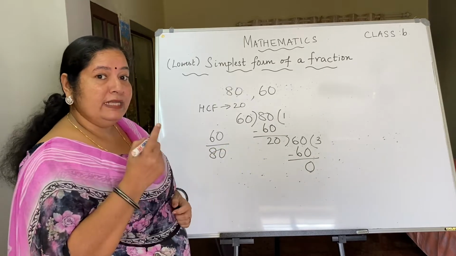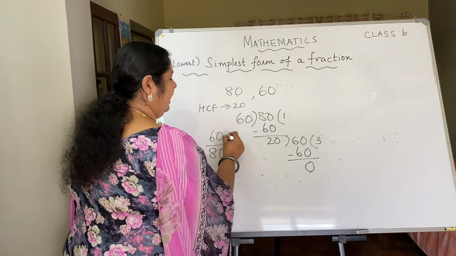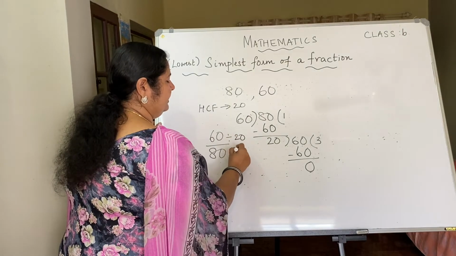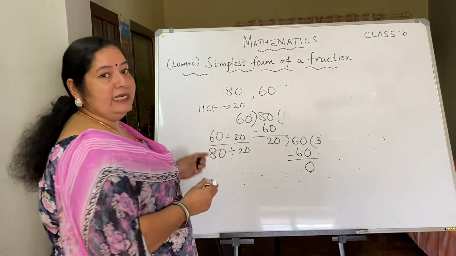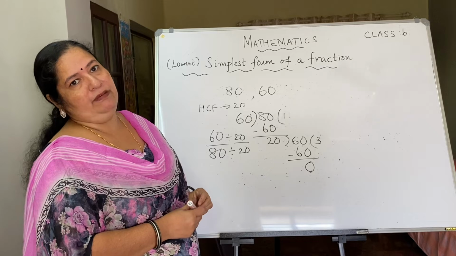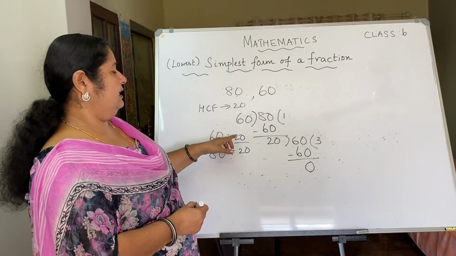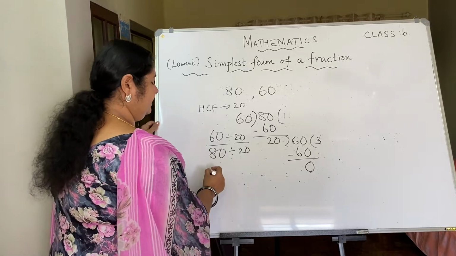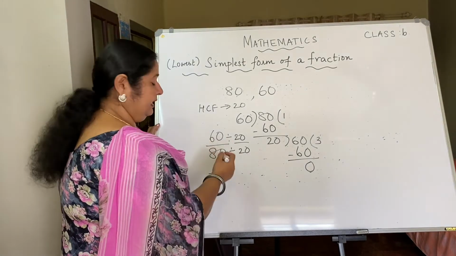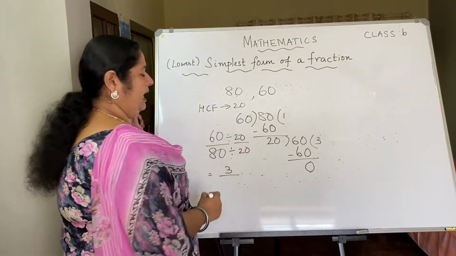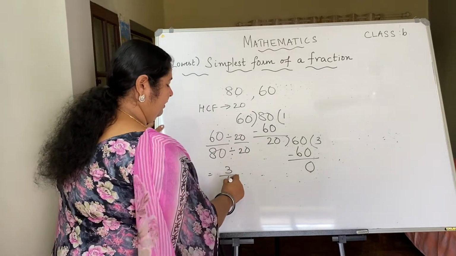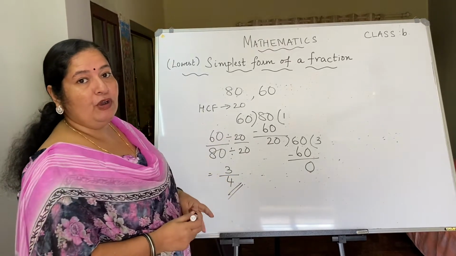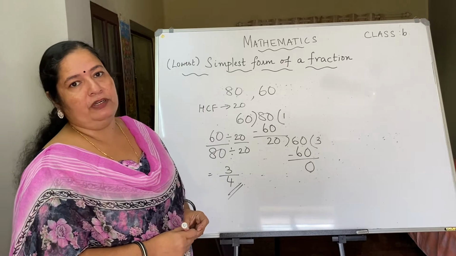Now what is the next step? You will have to divide both the numerator and the denominator with the HCF. So 60 divided by 20, 80 also to be divided by 20. 60 divided by 20, it will be 3, and 80 divided by 20 will be 4. So the reduced form is 3 by 4.